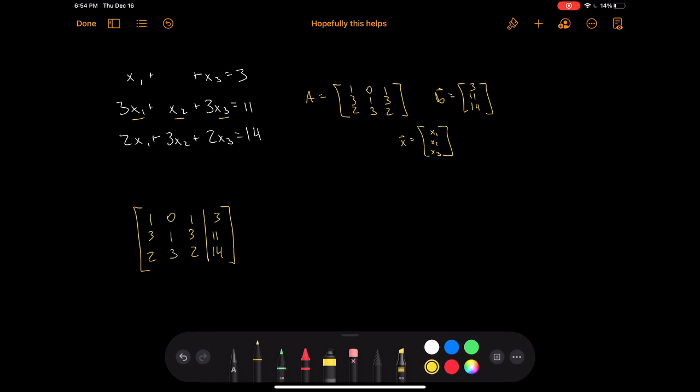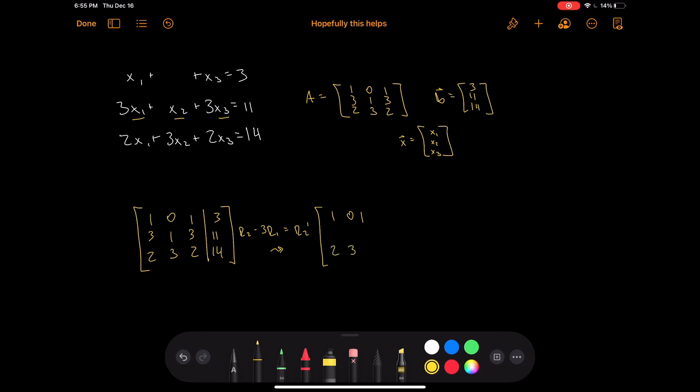So what we could do now is subtract row 2 by 3 times row 1. And that would give us a new matrix: 1, 0, 1.